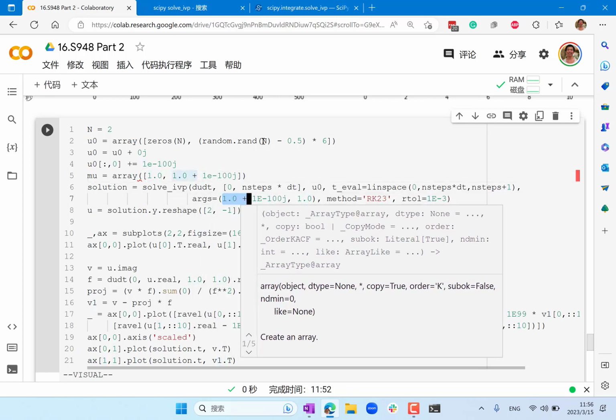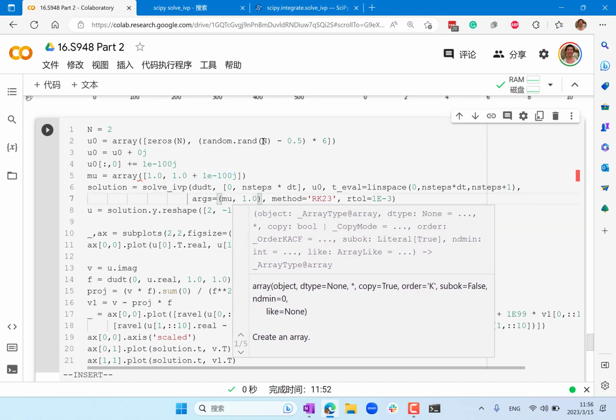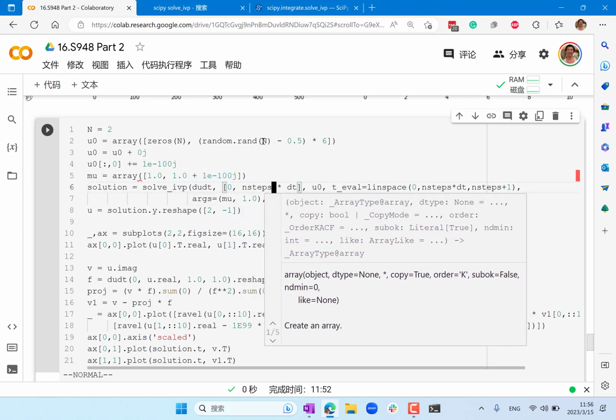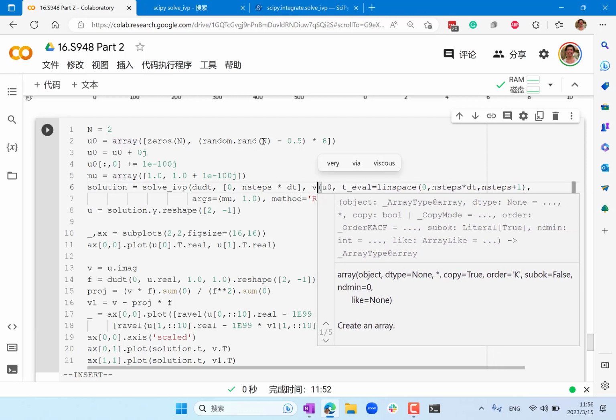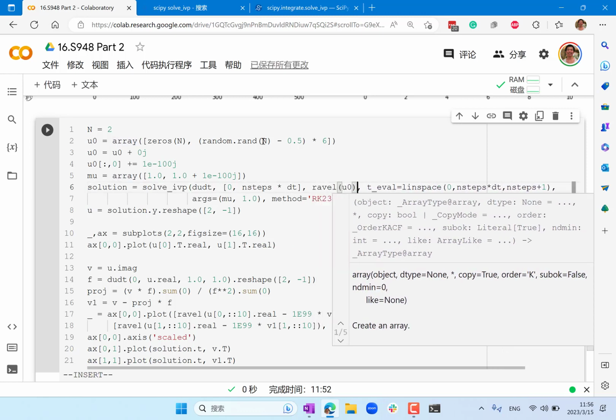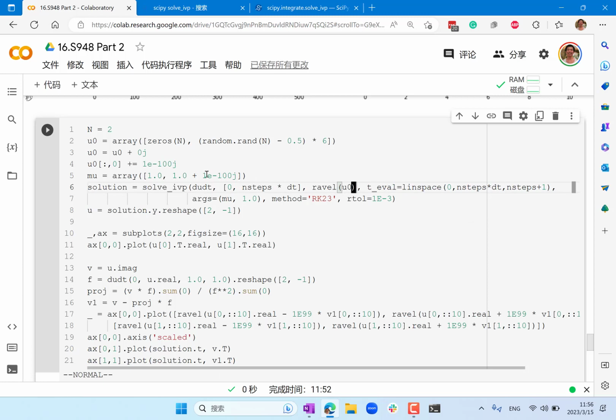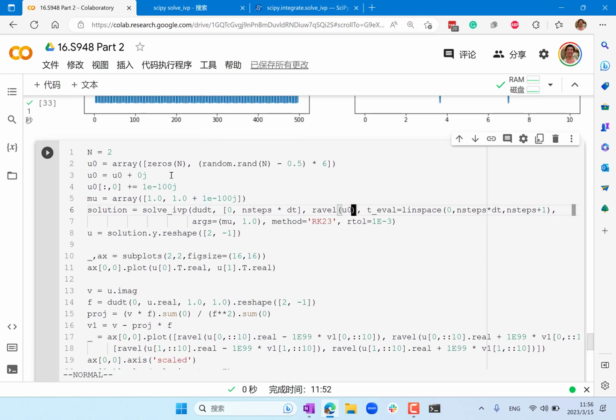So the argument is going to be mu, and u0 is going to be ravel u0, so that the solver is able to accept the initial condition. Okay, is it clear what I did here?